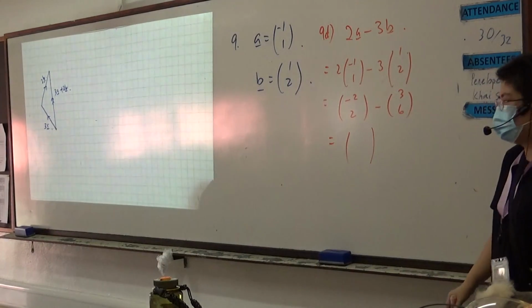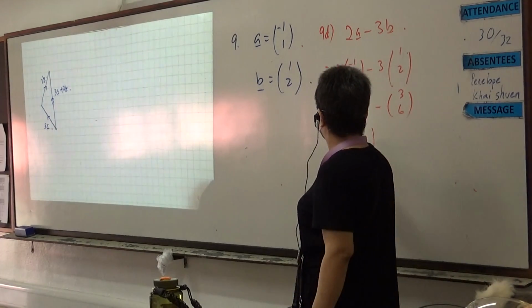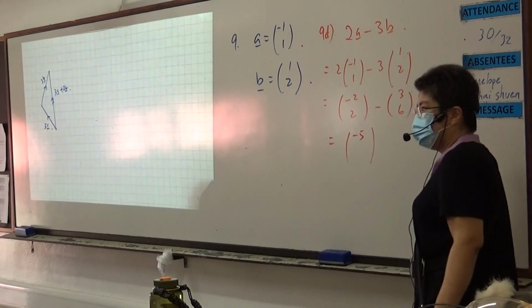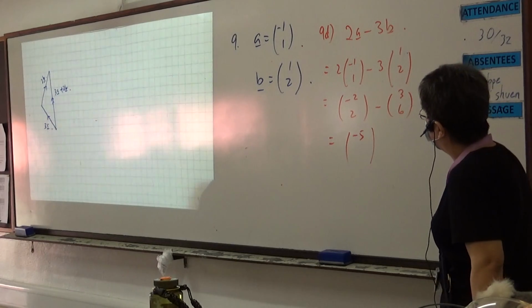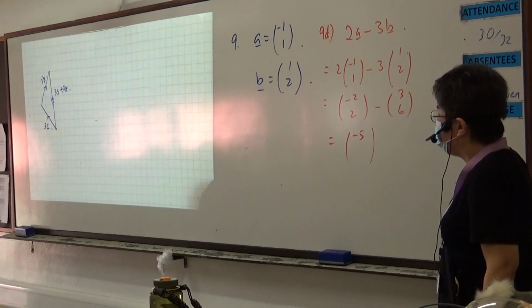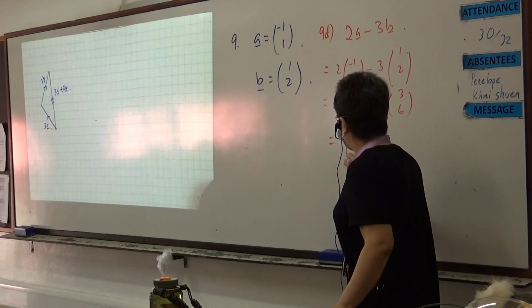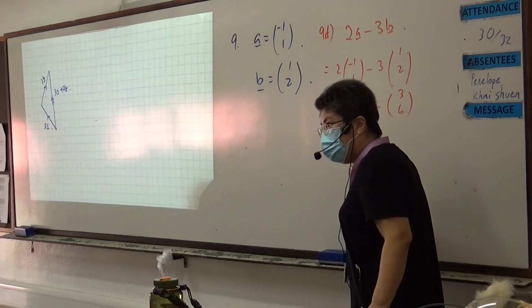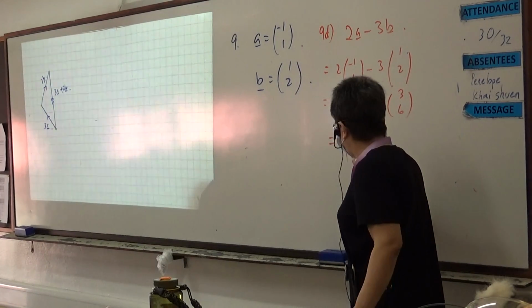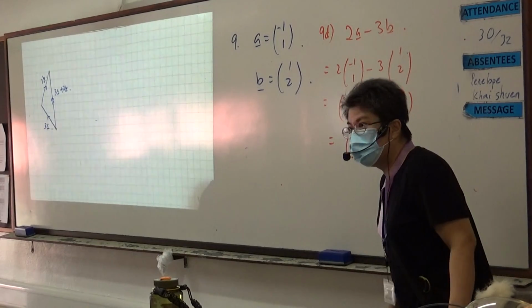Can you tell me the answer? Negative 5, and negative what? Negative 8. Negative what? 4. Correct? The answer should be negative 5, negative 4.